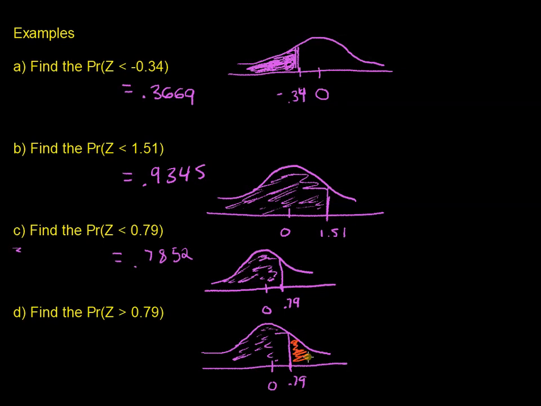It's asking for the probability that z is more than 0.79. Well, the total area under the curve is 1. So if I just do 1 minus this purple area that we already found in part C, which was 0.7852, then that will tell me the area that's in the red. So that equals 0.2148.